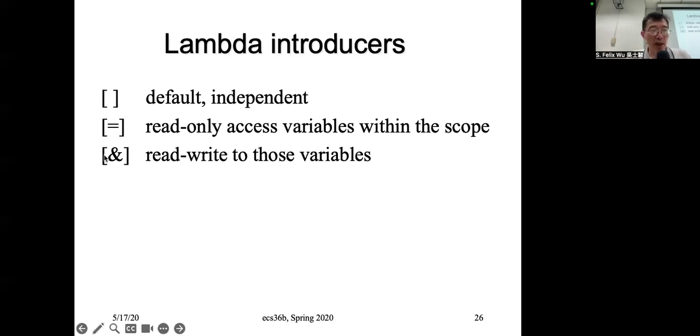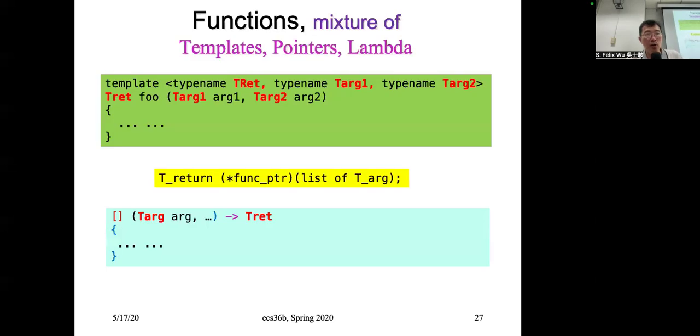But if you put an ampersand in the brackets, that means you have write access, so inside you can modify the variables you access from outside of the lambda expression. This concludes my introduction to function pointers, function templates, and lambda.